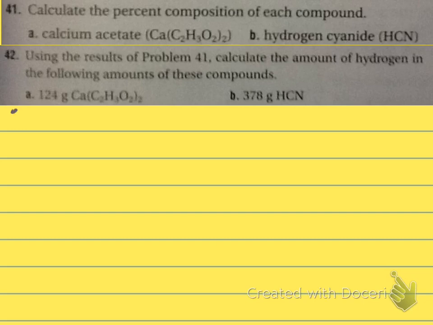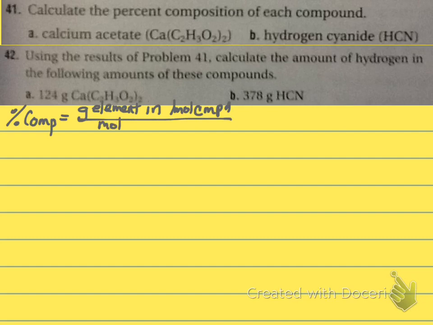So again, our equation is percent composition equals the grams of the element in 1 mole of the compound divided by the molar mass times 100. So again, it's helpful to show our molar mass.